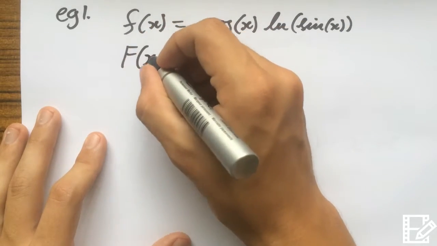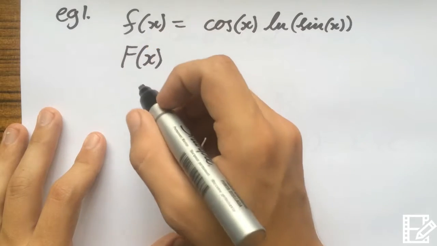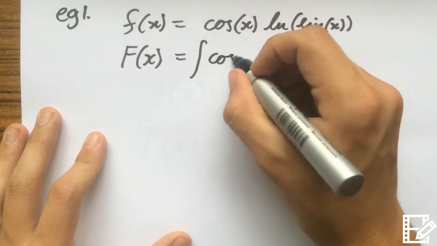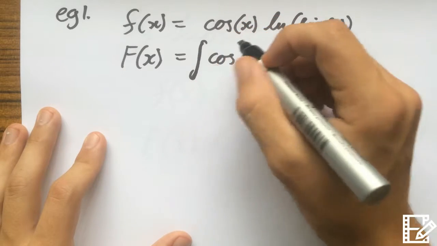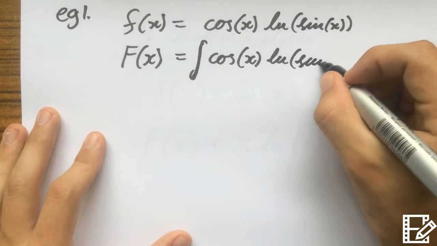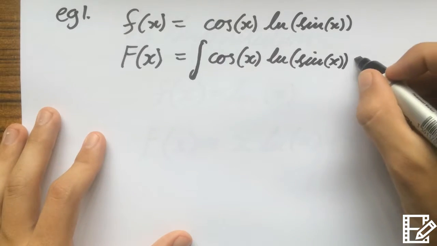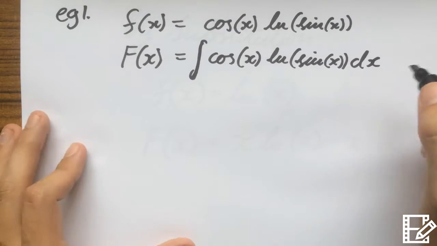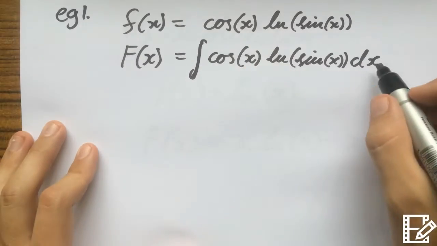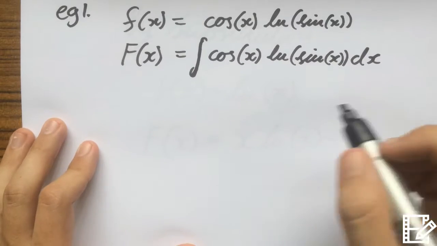First step, find the integral of both sides. Capital F to signify the integral. And use the integrand cos x ln sine x dx. Okay. Anything in between the integrand and dx, we're finding the integral of.